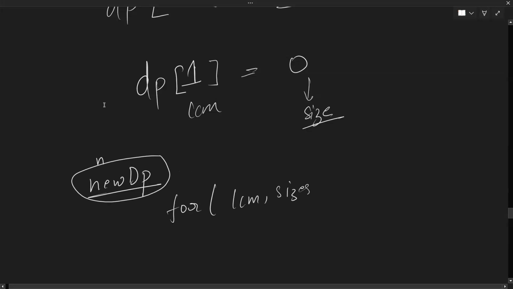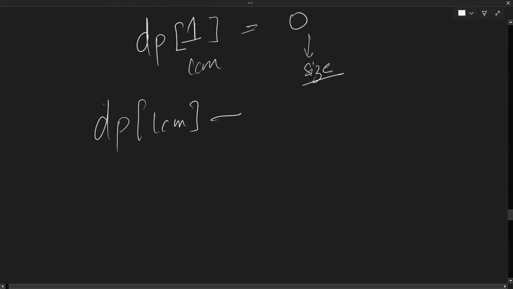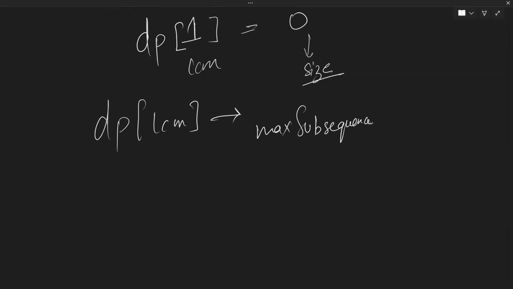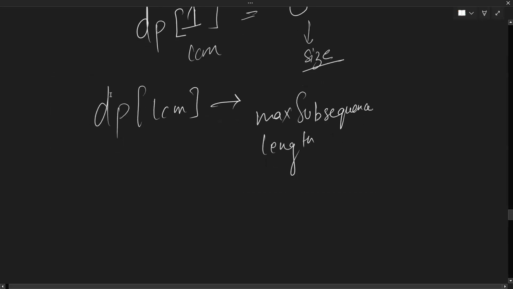First of all, my state is clear to everyone, right? DP of LCM is equal to the max subsequence length. This is my DP state. Is this thing clear? Now let's come to the transitions.